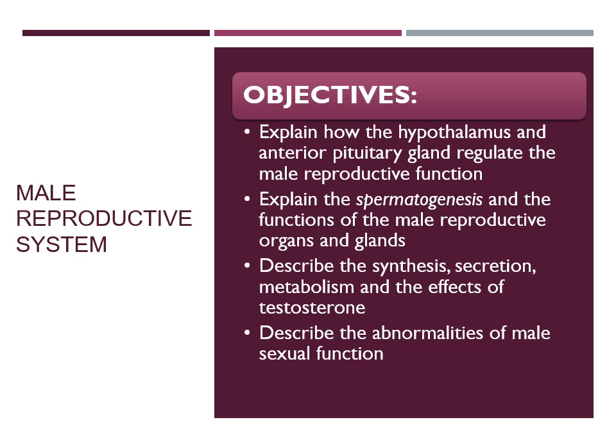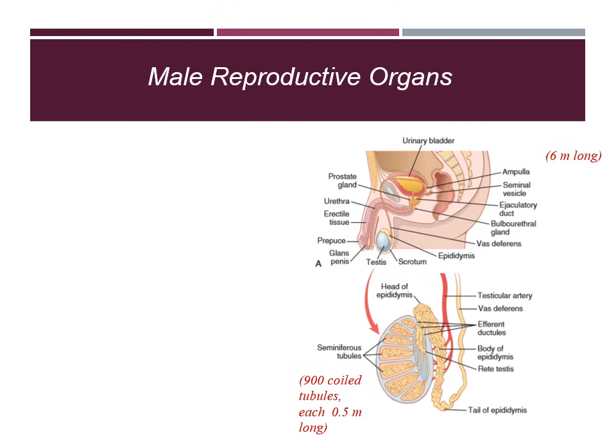We will also be able to describe the synthesis, secretion, and metabolism of the hormone testosterone, as well as its various effects in the male. We also will identify some of the abnormalities of the male reproductive function, just to emphasize the role of the components of the reproductive system in the male. So now let's identify the main organs of the male reproductive system.